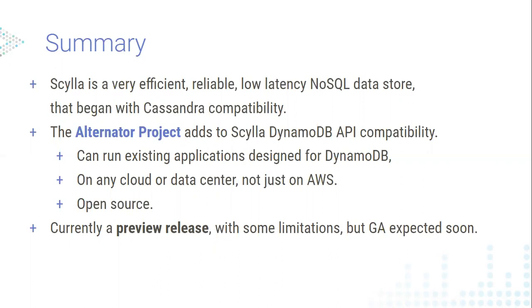You want to be able to run this on any cloud or any data center, and not just on AWS, like original DynamoDB. And it's open source. In addition to having commercial support, it's also open source. You can look at the source, you can keep the source, all the usual benefits of open source. And I said that this is a preview release, but expect GA.